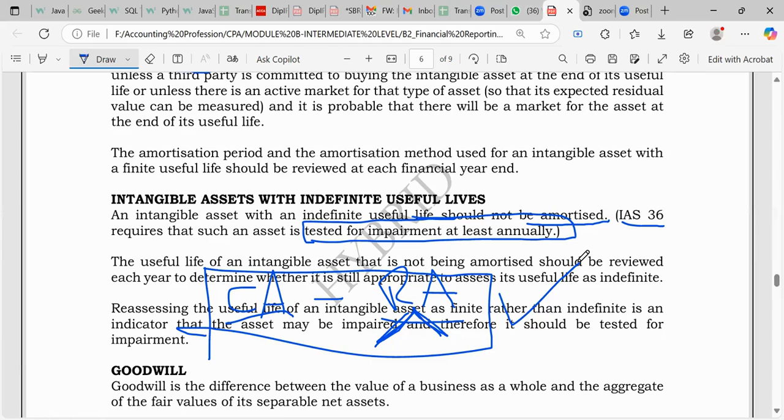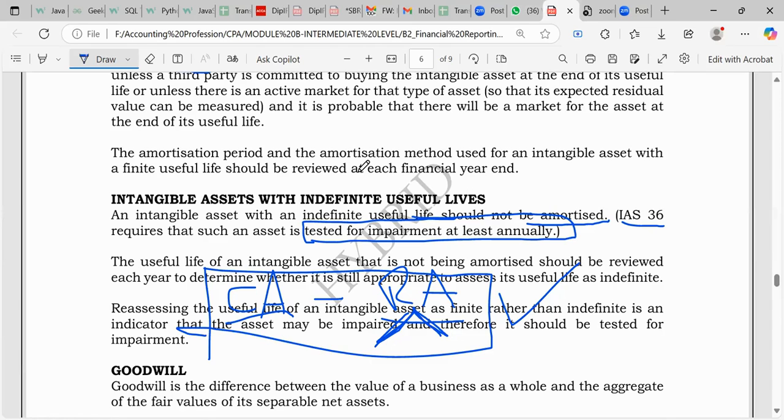Let's say you speak of the tangible non-current assets, maybe the vehicle got an accident, or maybe you have changed the use of the asset. The previous use was earning you a lot of money, but now the income has been greatly reduced. So you say, okay, these are the conditions for impairment.